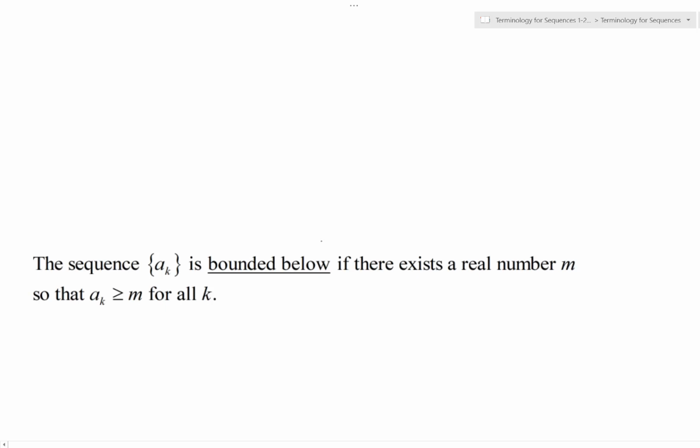We say it is bounded below if there is some real number, little m here, so that the sequence terms are always bigger than or equal to that number m. So for instance, if I had the set of natural numbers 1, 2, 3, 4, ... that is a sequence that is bounded below.